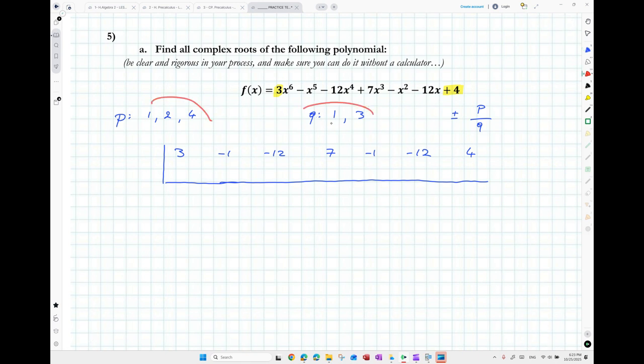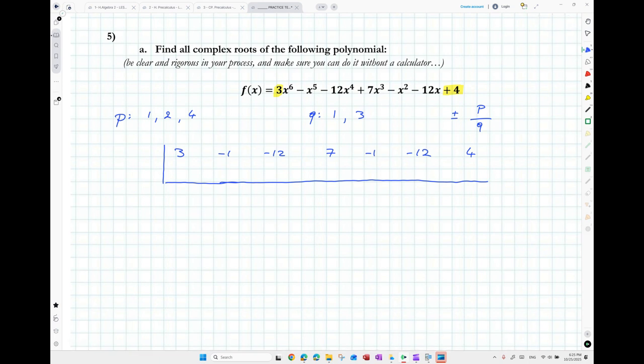So I'll have plus or minus 1 over 1, plus or minus 3 over 1, plus or minus 1 over 2, plus or minus 1 over 4, and so on. Okay? So you try them out. I do not need to show them. So this is why using a scratch paper is essential.